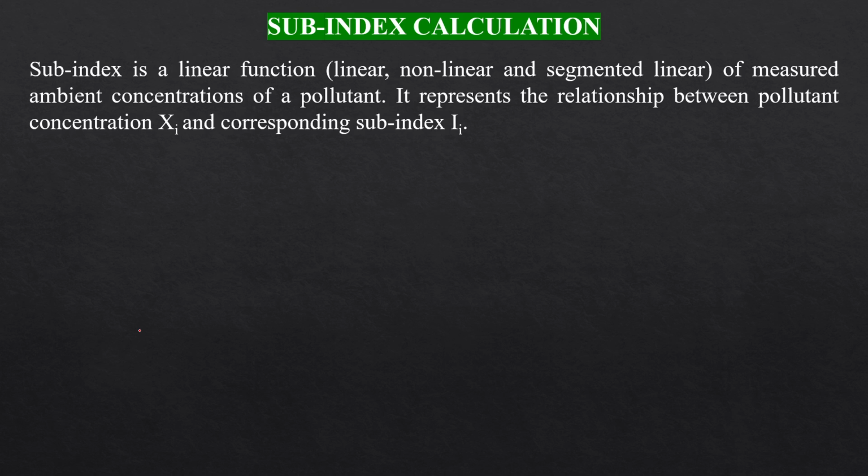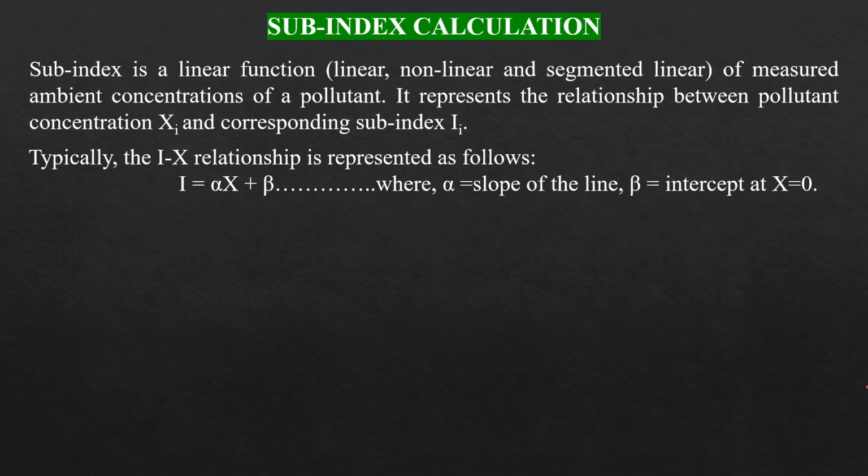So how do we calculate sub-index? Sub-index is a linear, non-linear, or segmental linear function of the measured ambient concentration of a pollutant, and it represents the relationship between pollutant concentration and the corresponding sub-index I. Typically it is an I-x relationship, so it's a straight line.